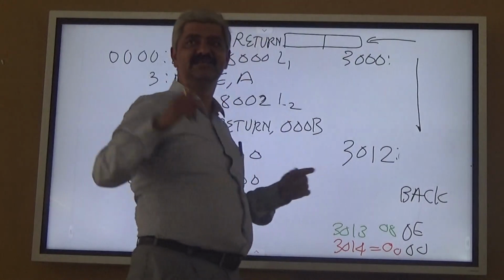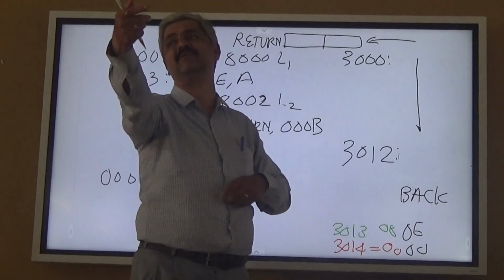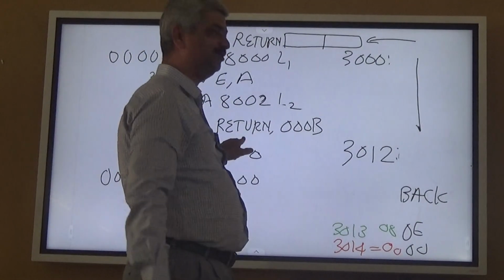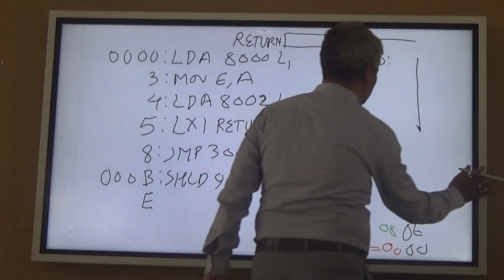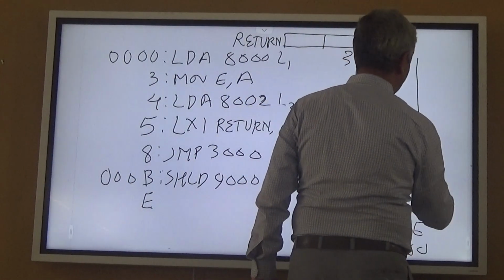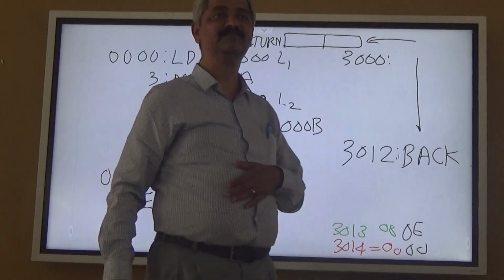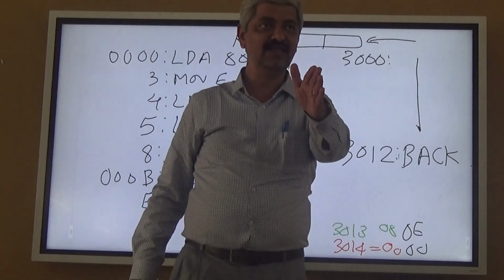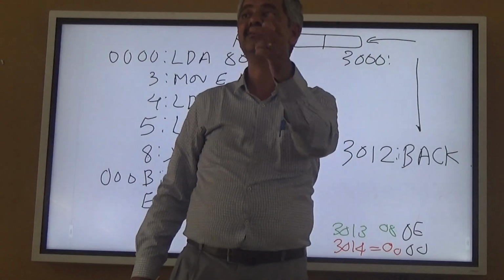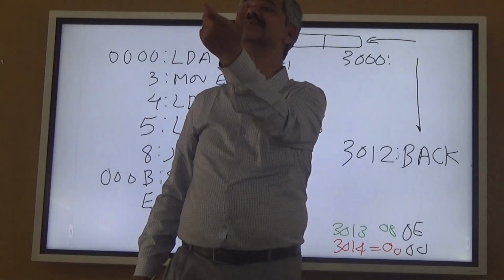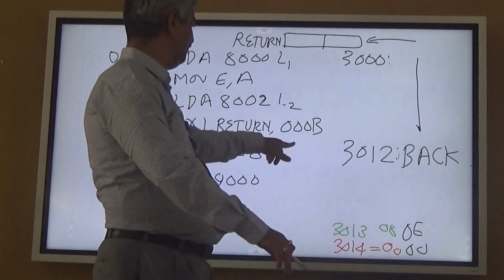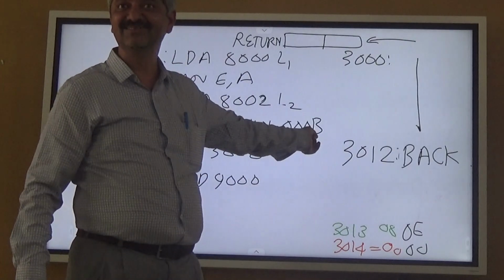Let us assume return is a dummy register. LXI return 000B, and at 3012 we have another instruction, BACK. So what will the BACK instruction do? BACK is a jump instruction and it will jump to the value in the return register. So it will work very appropriately then.